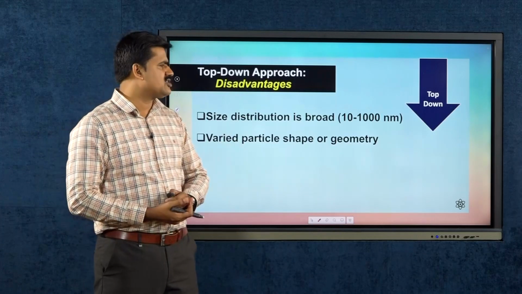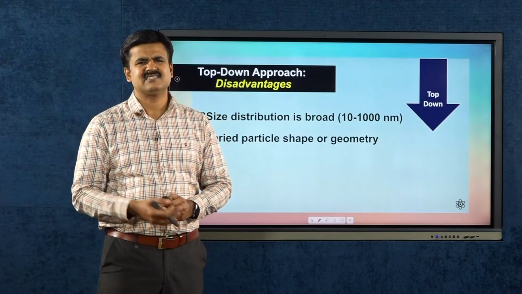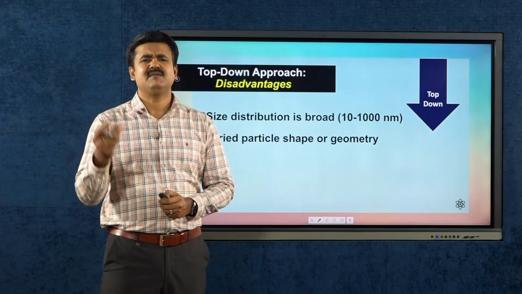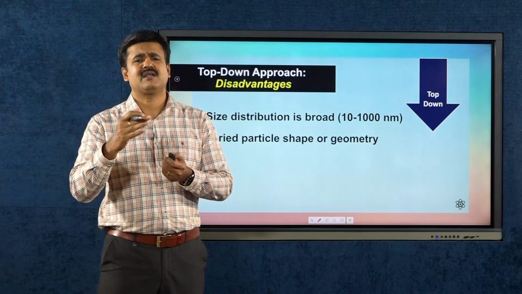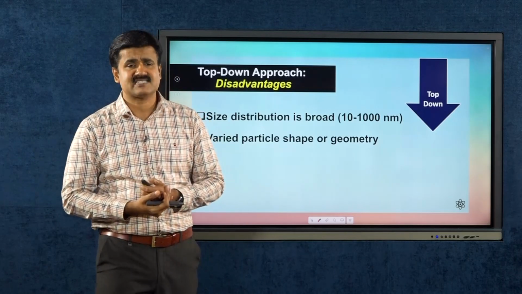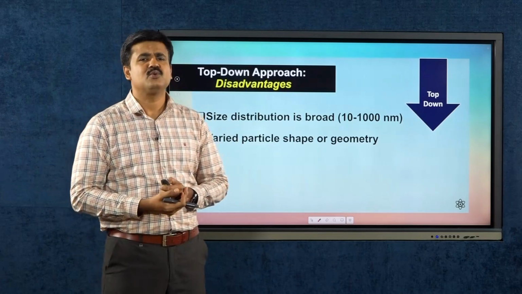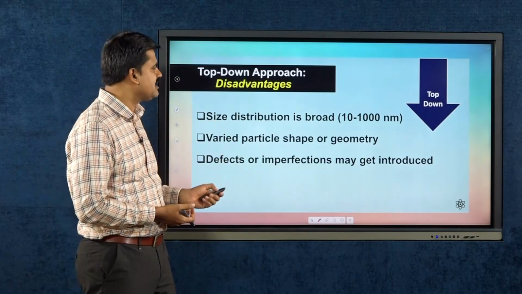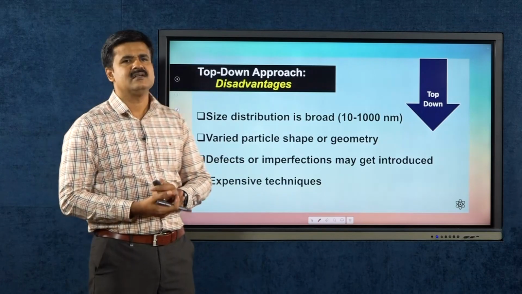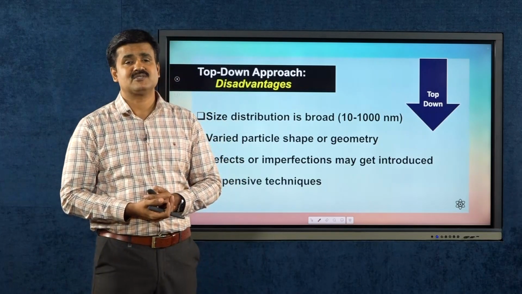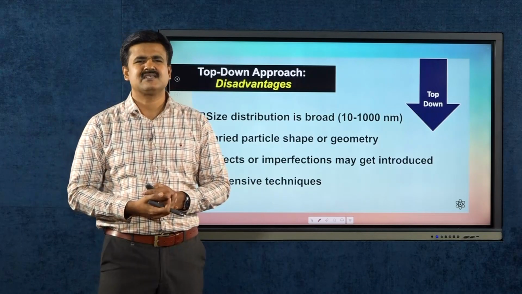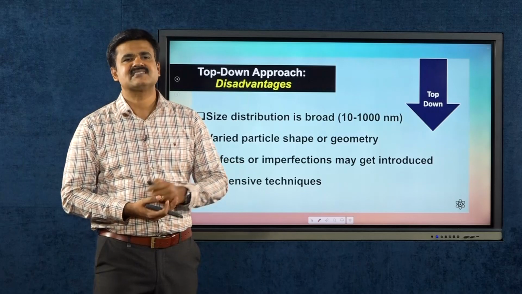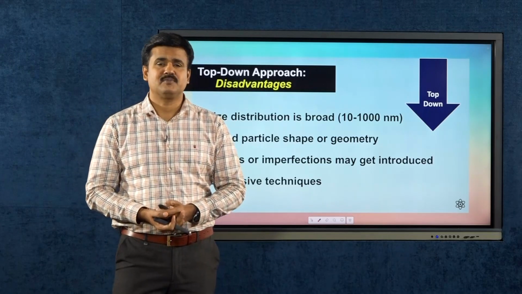The particle shape or geometry varies; the particles obtained may not be spherical, they may be rod-shaped or planar, so not all have a uniform shape. Defects or imperfections may be introduced. Compared to the bottom-up approach, these top-down approaches are expensive techniques. So these are the various disadvantages of the top-down approach.